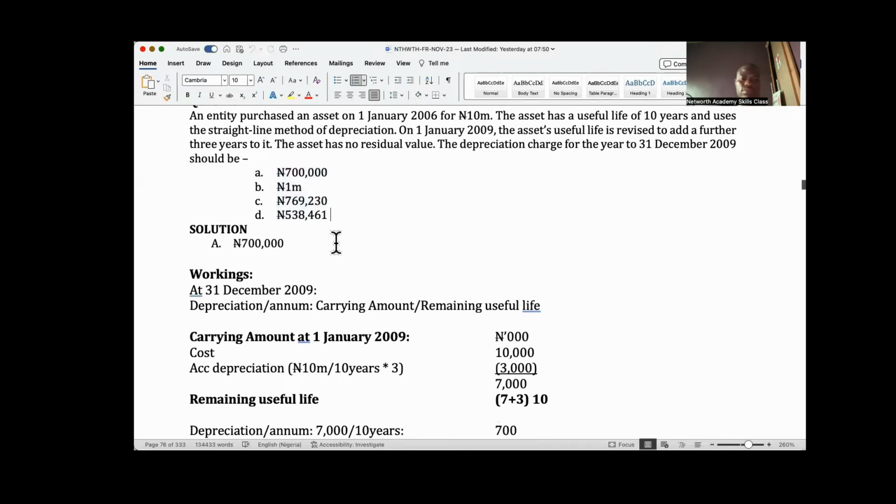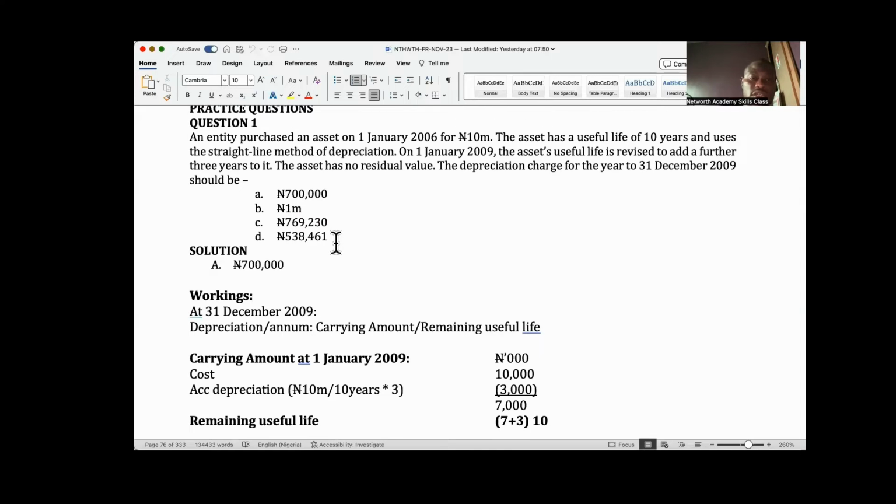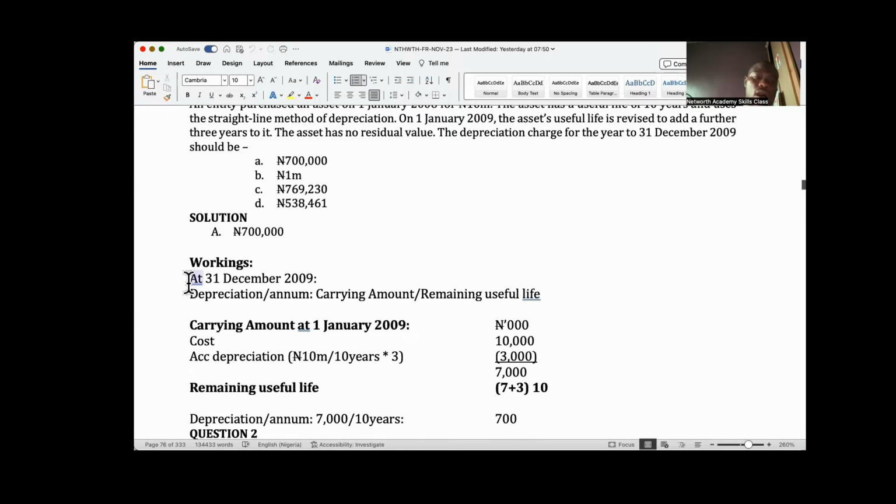Okay, so for us to do this, the key thing is this: the depreciation as at 4th January 2009 is just going to be the carrying amount divided by the remaining useful life. Since this is not the first year, it is the carrying amount over the remaining useful life, and that's the depreciation for the end of 2009.